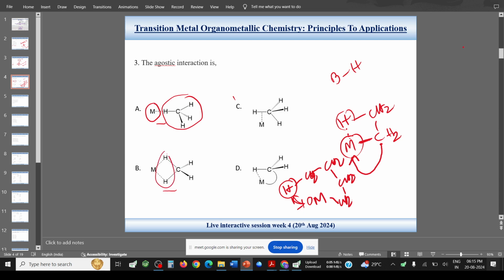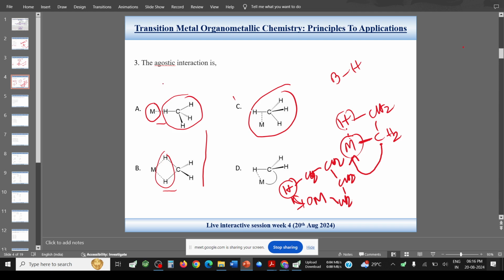This one also same, this one is also same, but here in option D, one bond is attached to the metal. So there that interaction is close, or when metal is attached to this alkyl chain, then the agostic interaction is possible. For these types of interaction we have discussed in the second last lecture, that is lecture number 19.